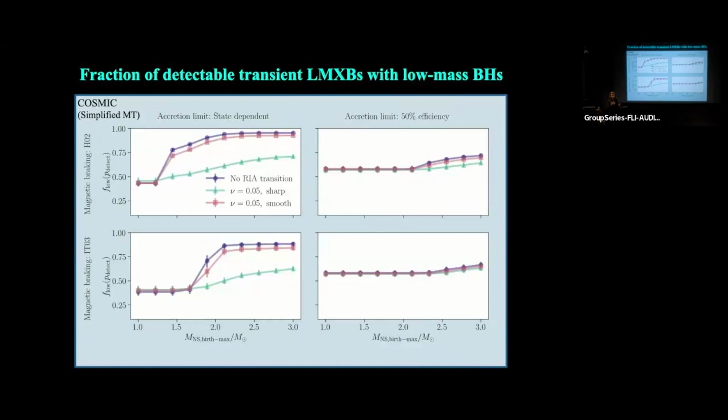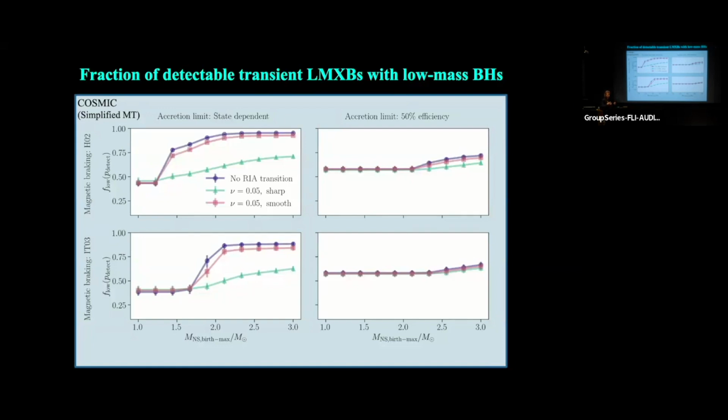We had a model for outbursts and when are they up, when are they down. We ran a Monte Carlo. We could tell which systems are detectable for what fraction, etc. And then having that information, we calculated the fraction of systems, LMXBs, with black holes below 4.5 solar masses, i.e. in the gap.